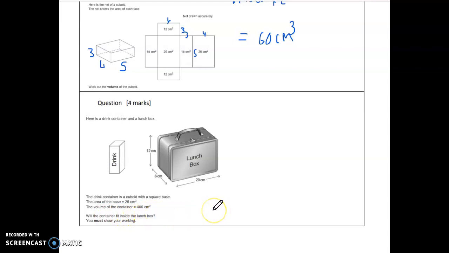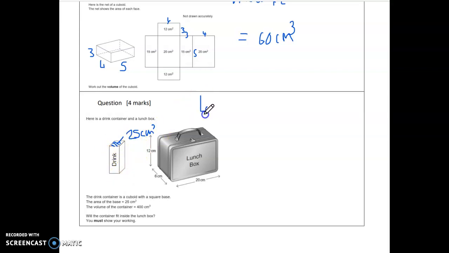Right, okay then, so volume is your height times the width times the length, right? So the base of this is 25 centimeters squared. So we know the volume of that container, that drinks box there, is 400.